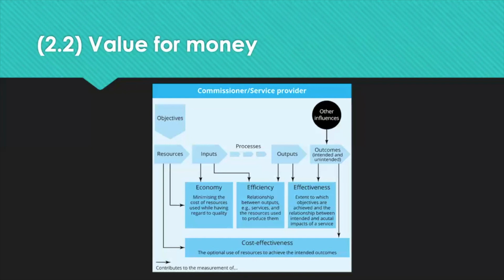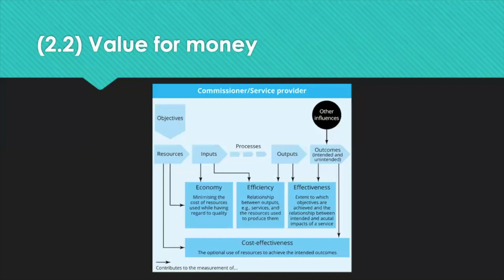So value for money is made up of the 3 E's: efficiency, economy, and effectiveness. Now, efficiency, as I've already said, is about not wasting time. It's about the resources required to gain a particular outcome and doing that in the most efficient way possible.